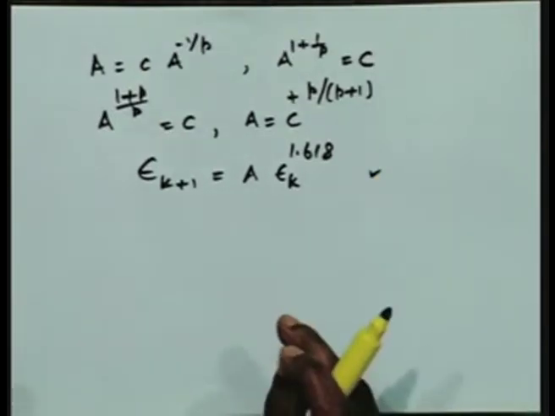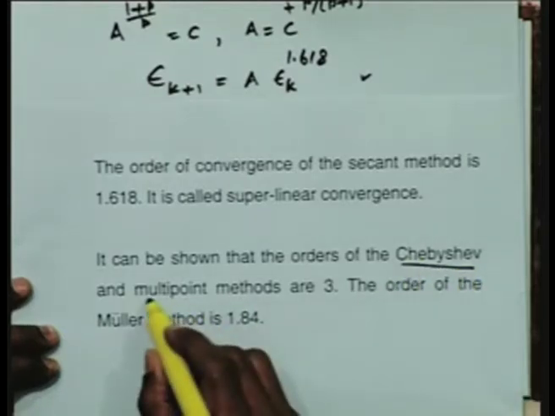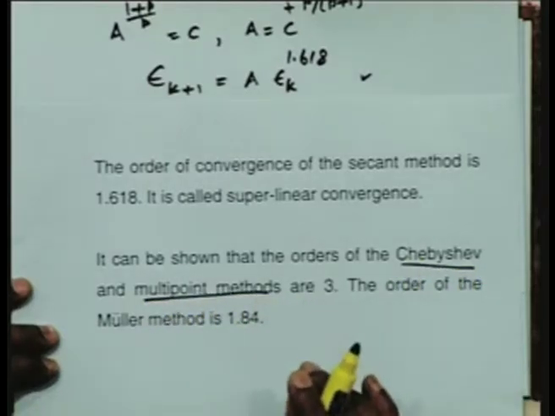Now, I can similarly obtain the order of convergence of all the remaining methods. I will leave it as an exercise for you. Now, the order of the Chebyshev method and the multi-point methods is 3.